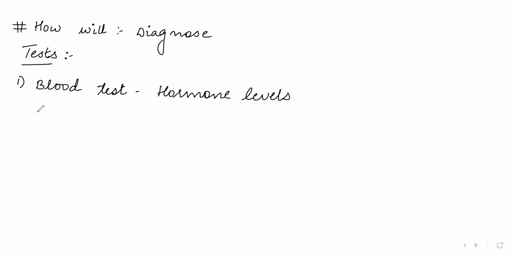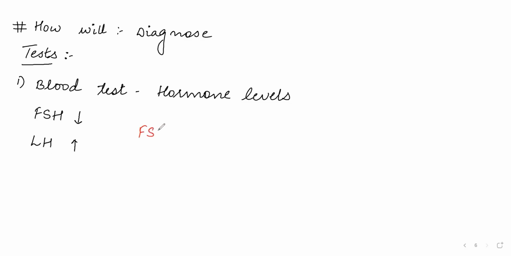Your doctor will ask for a blood test where we will find out how much is the FSH level and how much is the LH level in a female. And we will find that in this particular female, FSH will be low and LH will be comparatively higher. Everybody just memorize this: in a PCOD female, FSH will be lower and LH will be higher.